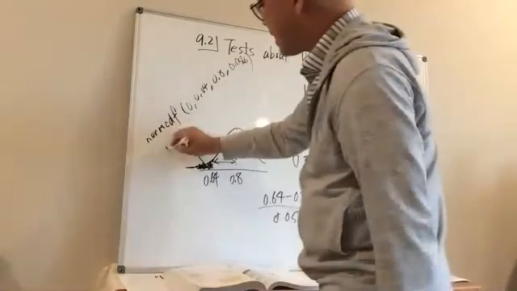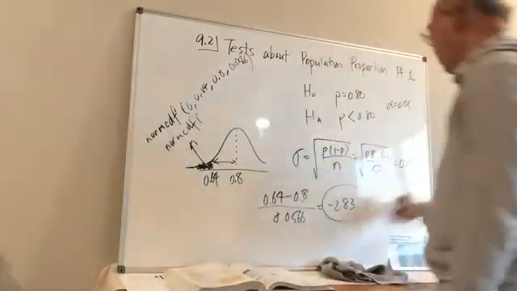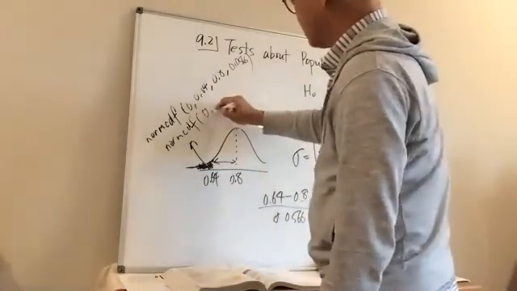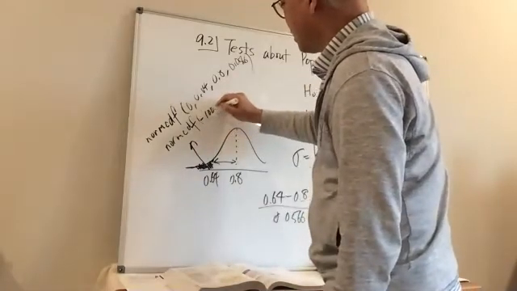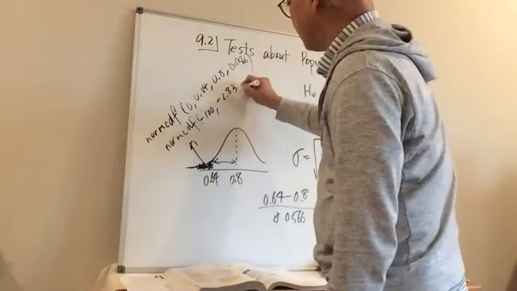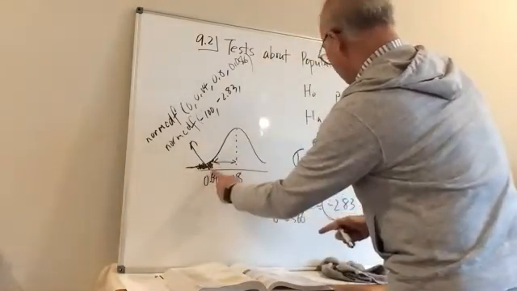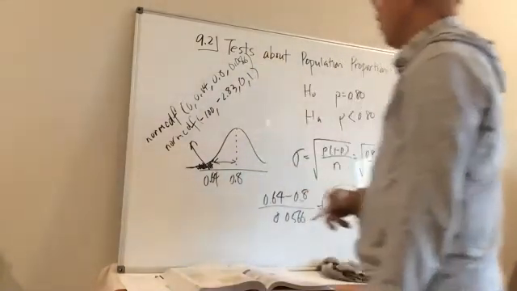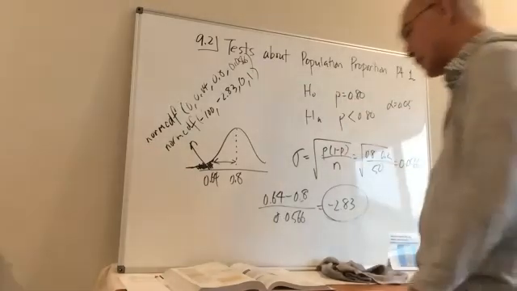Or if I do the standardized one, since I already went to the trouble of finding this out, I can do norm CDF from negative 100 to negative 2.83, with 0 and 1. Either one of those, I should get the same result.